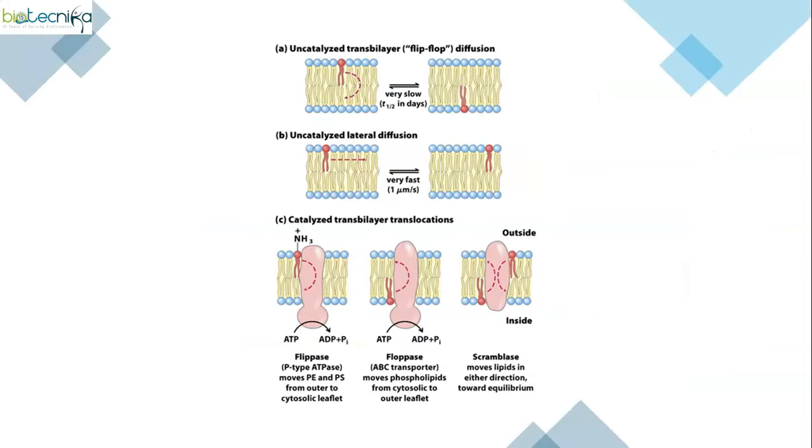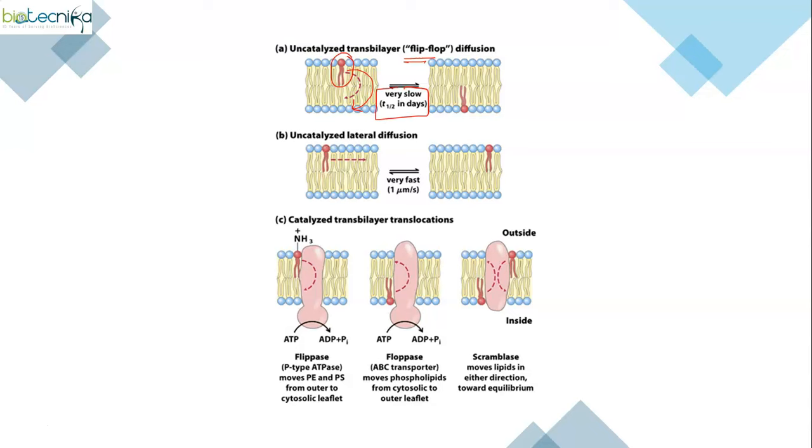Now, as I was mentioning, the movement of phospholipids takes place within the membrane. So it can be of different types. For example, it can undergo flip-flop diffusion, which is not catalyzed by any enzyme. For example, this is a phospholipid here. It can flip towards the other leaflet, but it's a very slow process.